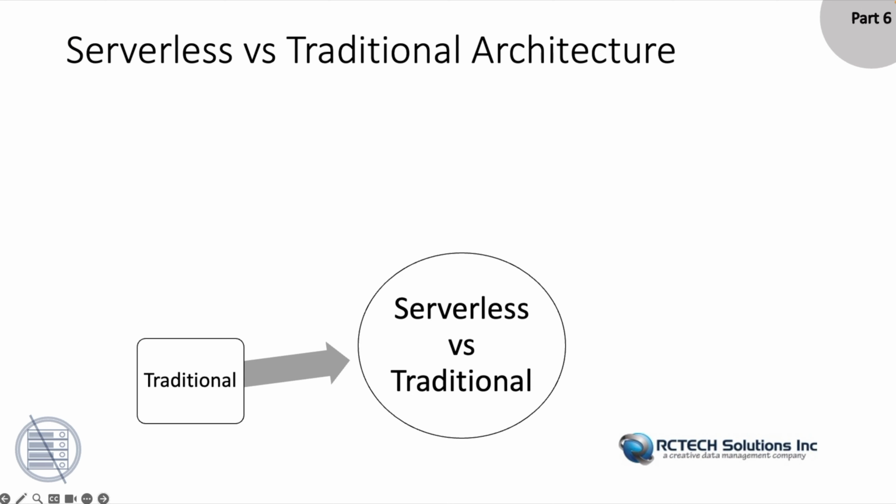Let's understand the traditional model. The traditional architecture refers to the approach where applications are built on dedicated servers or virtual machines. It involves managing the infrastructure stack, including provisioning, scaling, and maintaining servers. Developers have full control over the infrastructure but are responsible for its management as well.